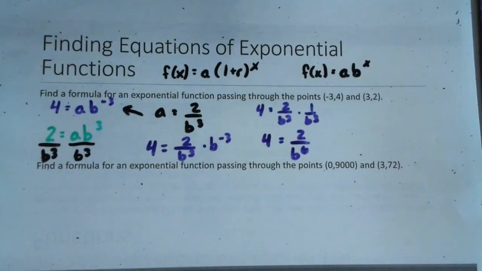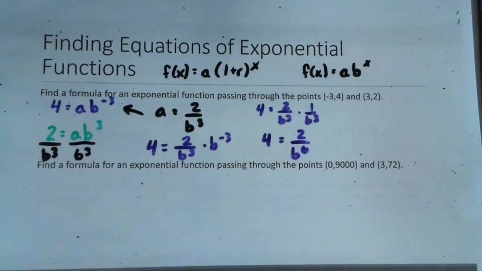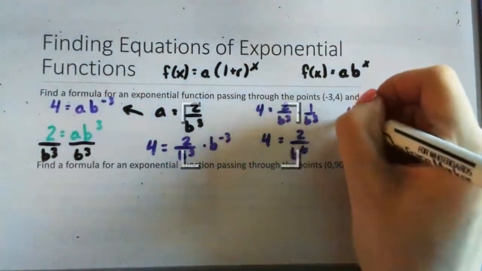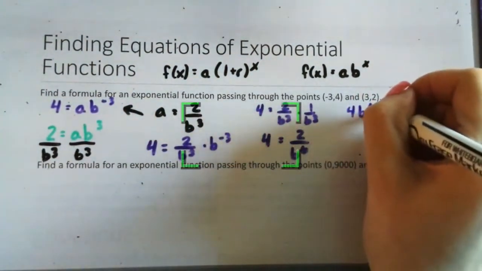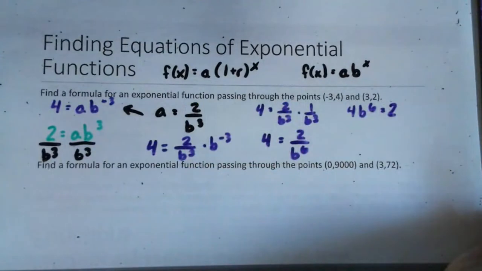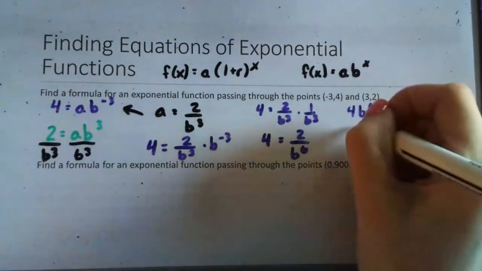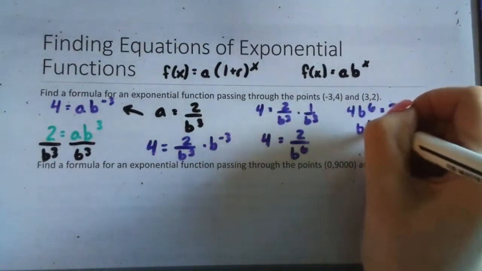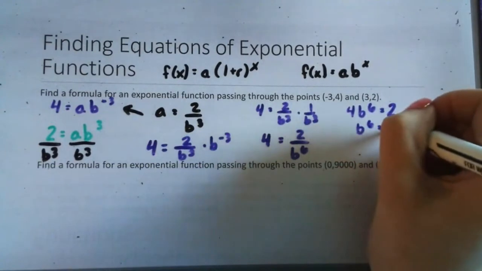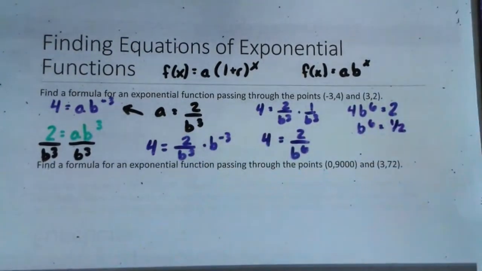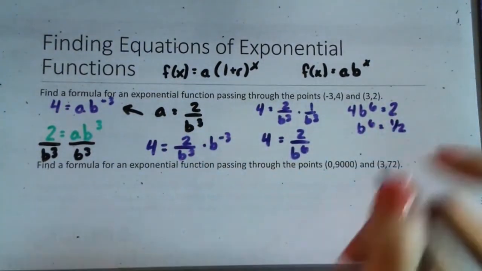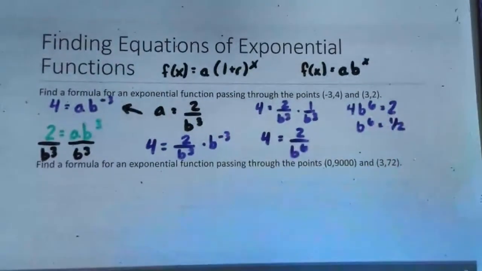I'm still trying to solve for b here. So I'll multiply both sides by b^6, and I will have 4b^6 = 2. I can divide both sides by 4. I get b^6 = 2/4, which is 1/2. And to get the b completely by itself, I'm going to raise both sides to the 1/6 power.